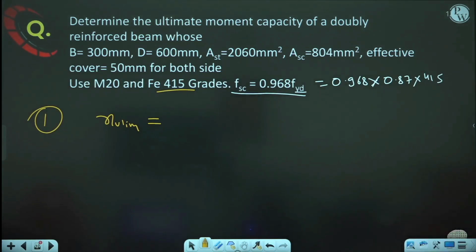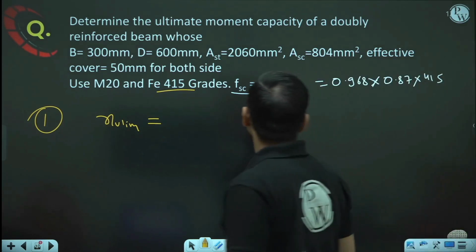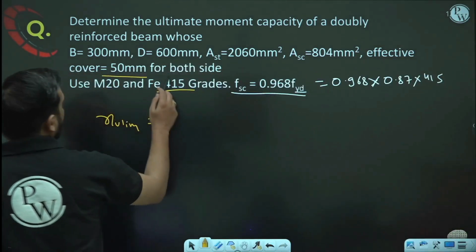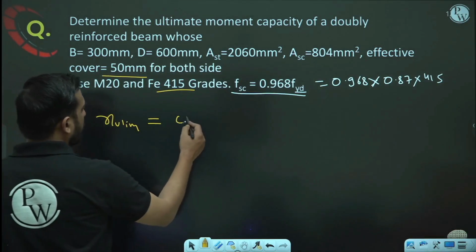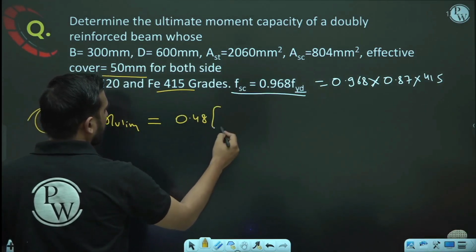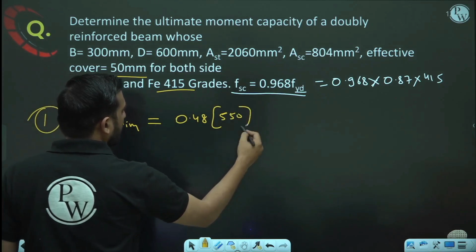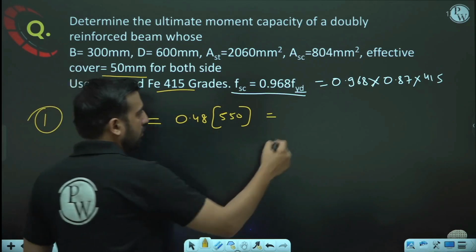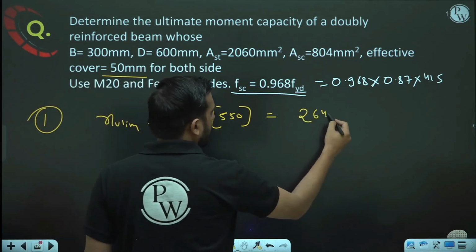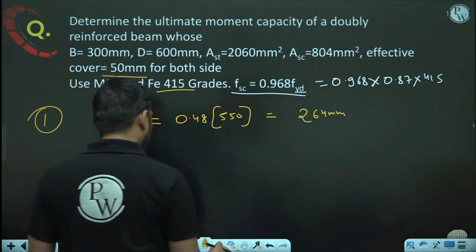Here how much, dear? Effective cover we are going to take of 50 mm, so effective depth is 550. So it is 0.48 times 550, so I think it is coming out to be 264 mm.